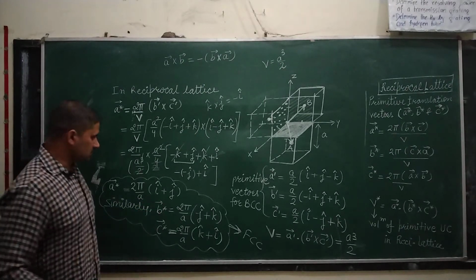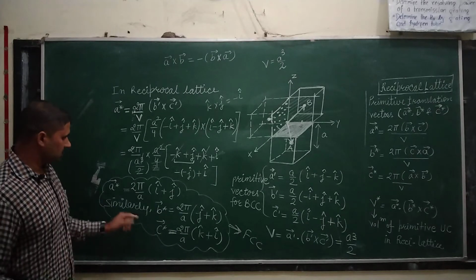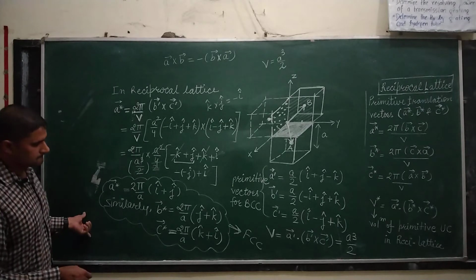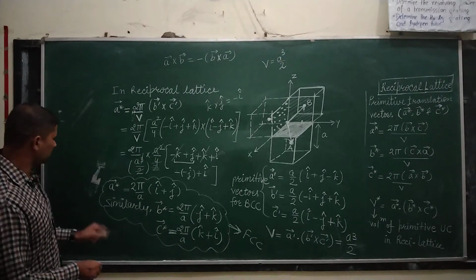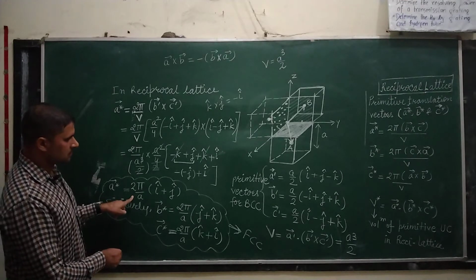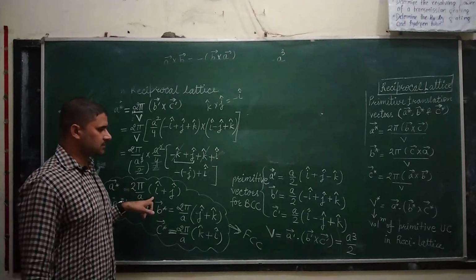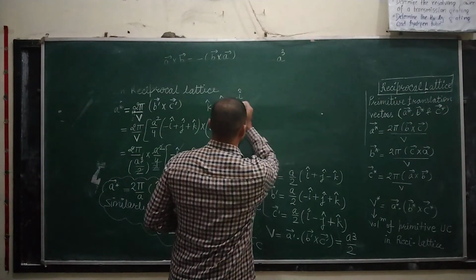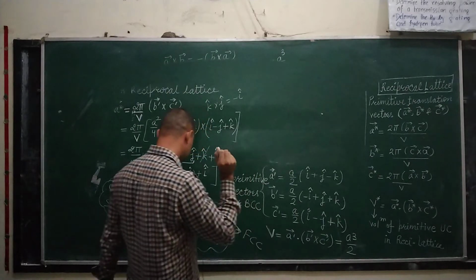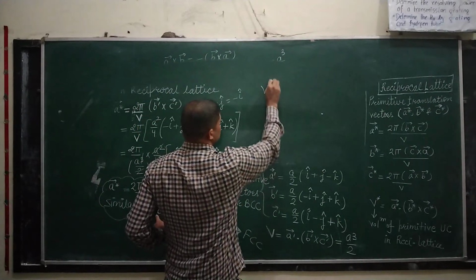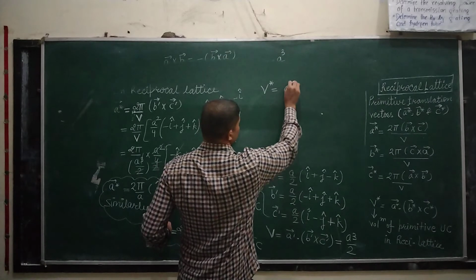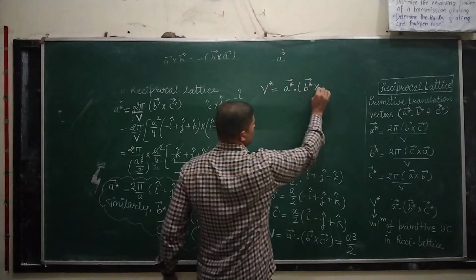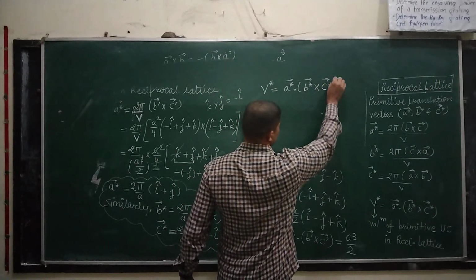Okay class, from here you can find the volume. If you find the volume, from here you can find the volume of the primitive unit cell in reciprocal lattice, so the volume V star will be equal to vector A star dot vector B star cross with vector C star.